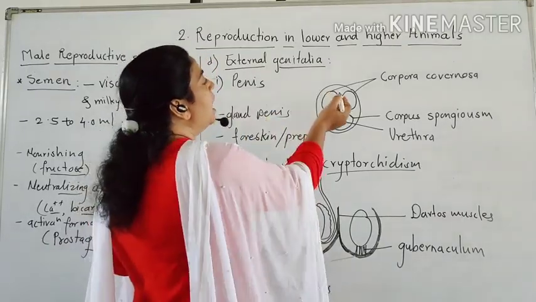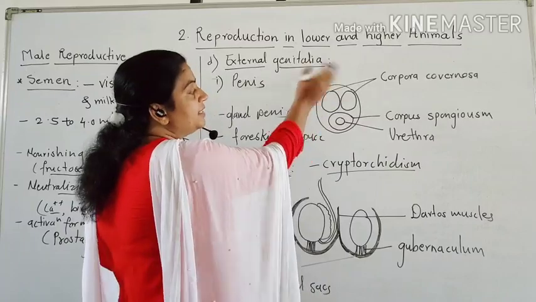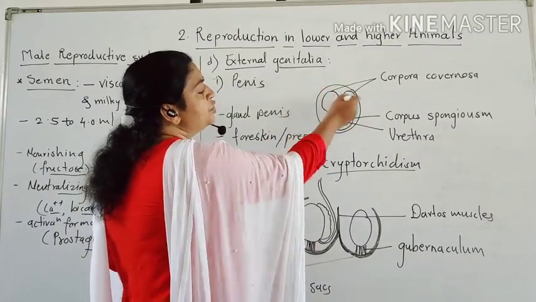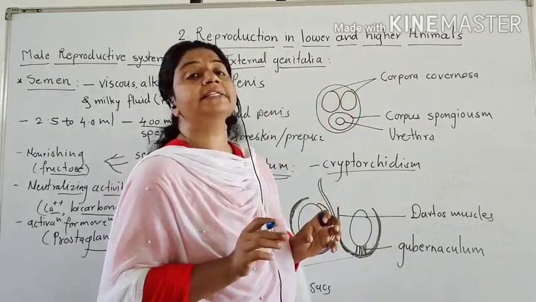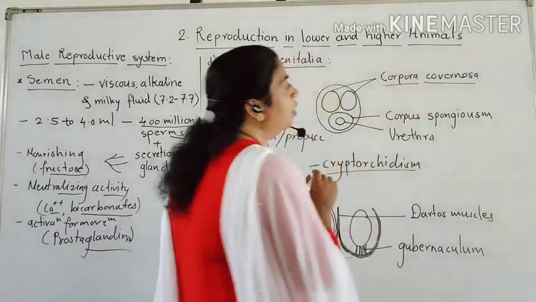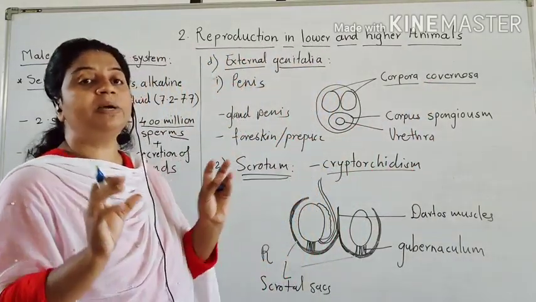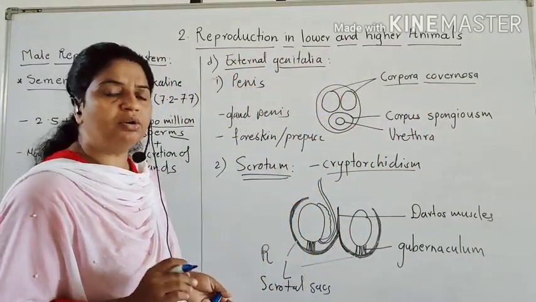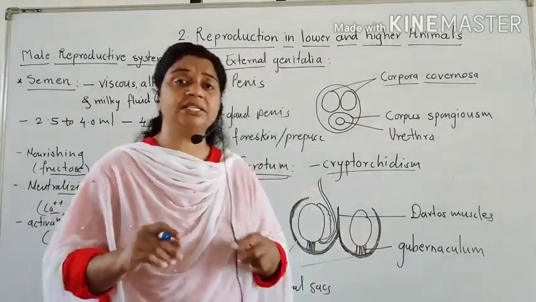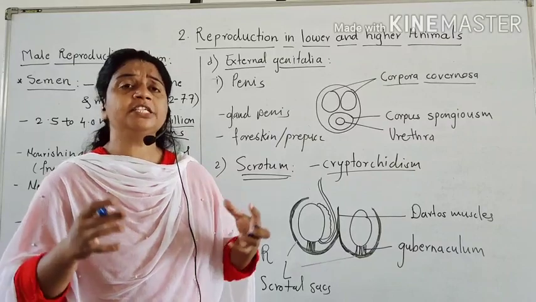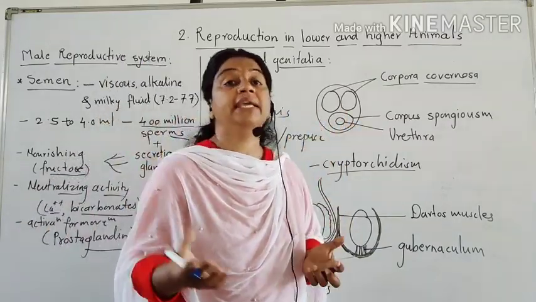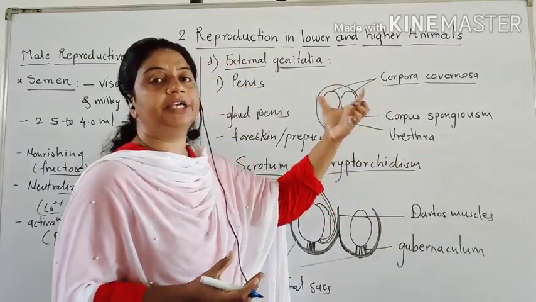Two bundles are posterior-lateral, made of muscular tissue called corpora cavernosa, which is erectile tissue. Erectile tissue means tissue having spaces, and these spaces fill with blood. So the penis becomes erect because of this erectile tissue.